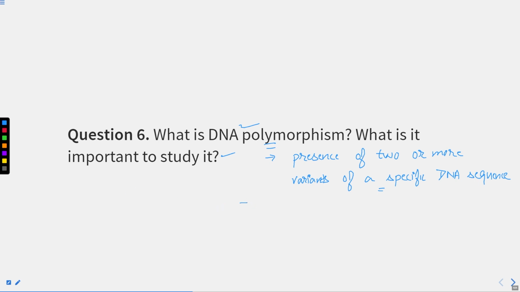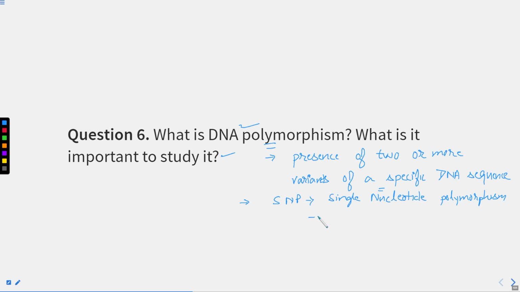Now, one type of DNA polymorphism is single nucleotide polymorphism. Okay, this is known as single nucleotide polymorphism. What does single nucleotide polymorphism mean?